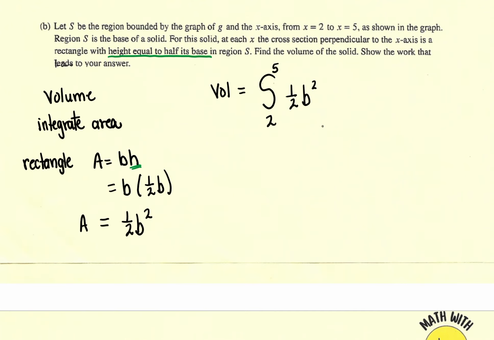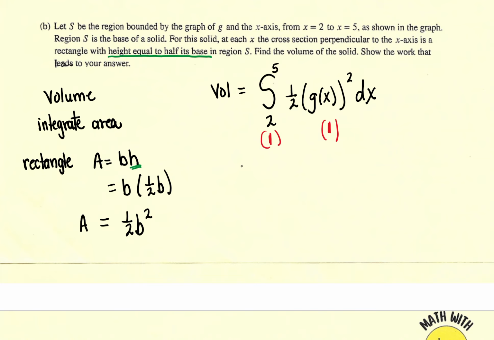So we'll go back and we'll take our base and we'll put g of x squared, and then dx. If you got the limits of integration, give yourself a point, and you knew to do the integral. Then you get another point for this 1/2 g of x quantity squared. All right, now let's find this answer.